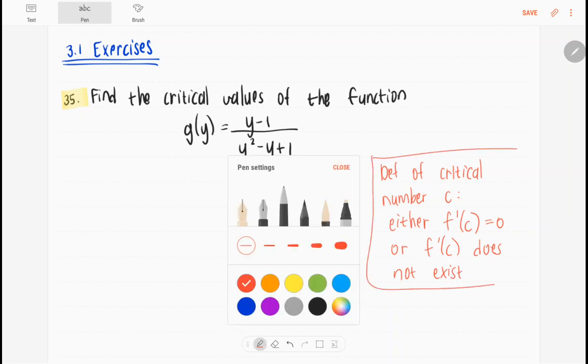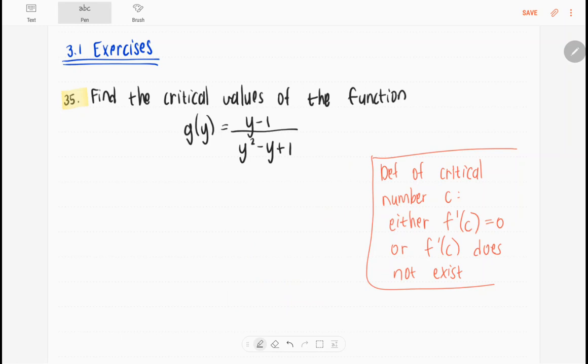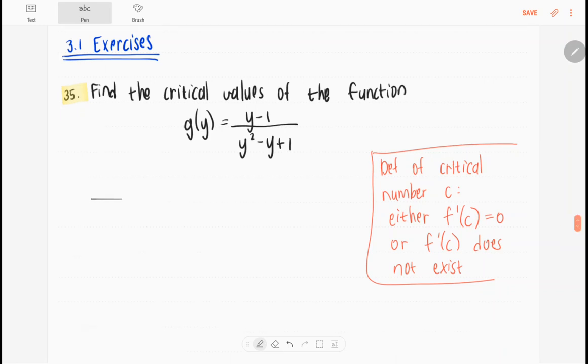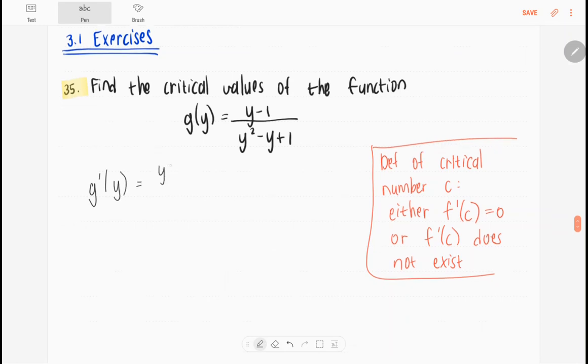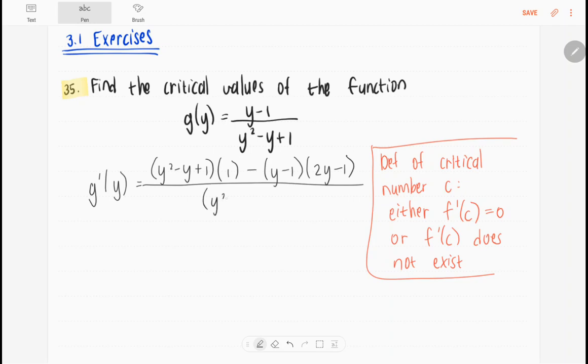So what I need to do here is find the derivative of my function, and determine whether there are any values where it does not exist, and also whether there are any values where it equals 0. So I'm going to take my derivative of g, so it's going to be the bottom multiplied by the derivative of the top, which is 1, minus the top multiplied by the derivative of the bottom, which is just 2y minus 1, all over the bottom squared.